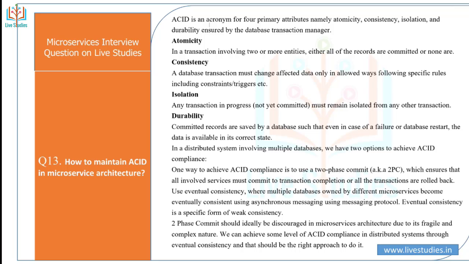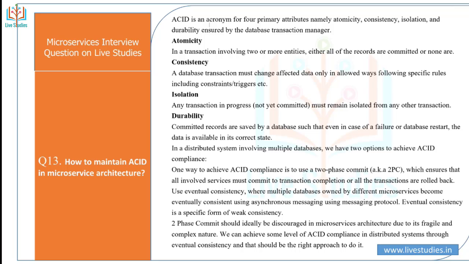Isolation: any transaction in process and not yet committed must remain isolated from any other transaction. Durability: committed records are saved by a database such that even in case of a failure or restart, the data is available in its correct state.